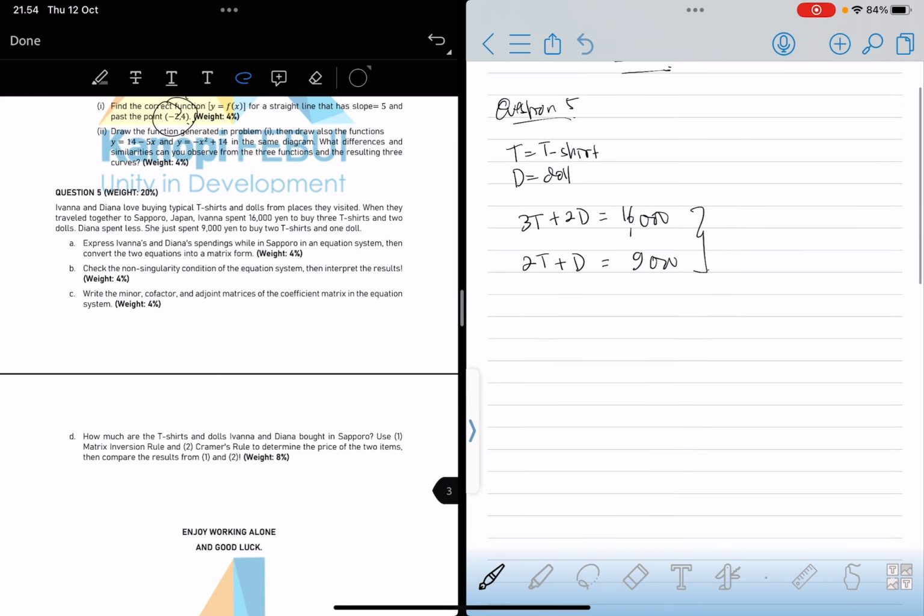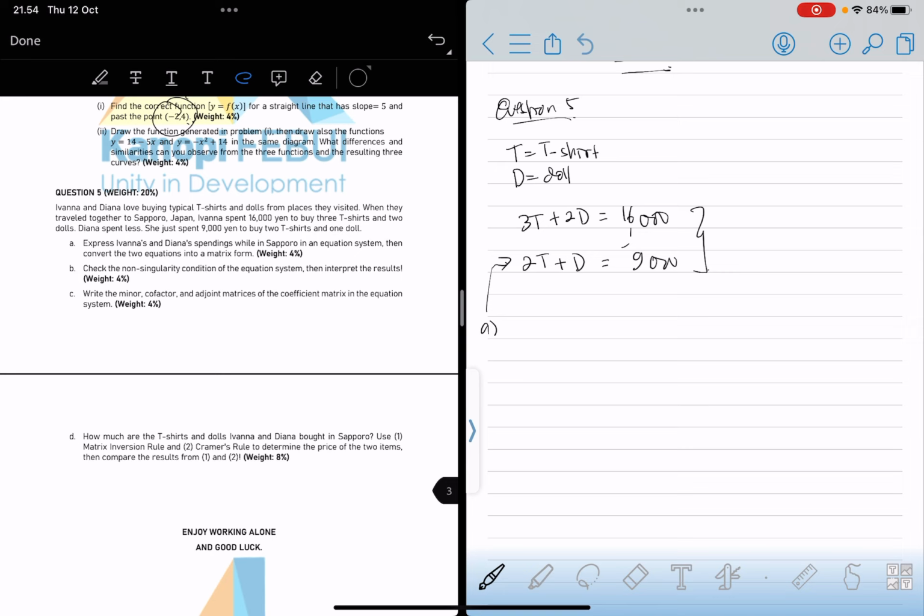So the first question: express Ivana's and Diana's spending while in Sapporo in an equation system, then convert the two equations into matrix form. So the form of equation is like this, but how about the matrix form?